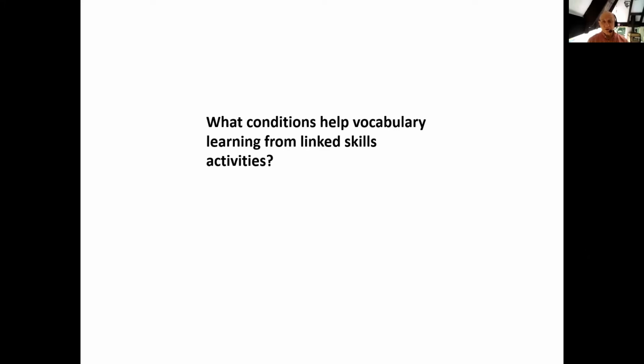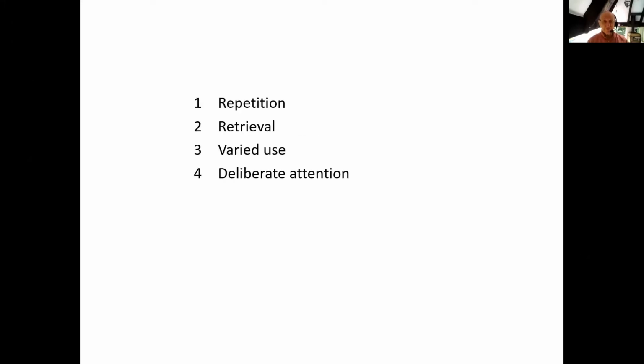Vocabulary learning occurs because certain conditions which help learning occur. And this applies to both native speakers and non-native speakers. Native speakers learning their first language learn making use of the same conditions that second language learners do. So let's look at these conditions.